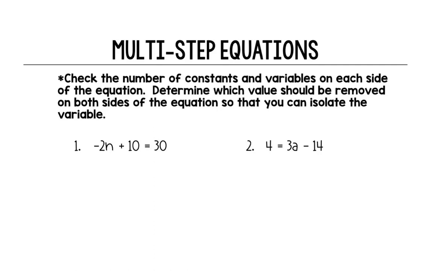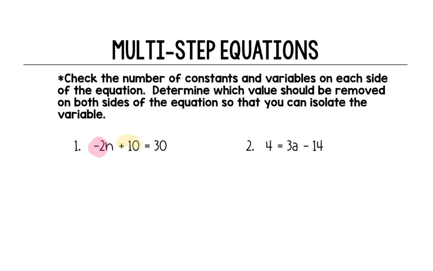In this video, we are going to solve multi-step equations. What that means is when you have an equation, there's the variable, more than one operation is happening to this variable right here. So in this equation, we have our variable, and we are first multiplying that variable by -2.